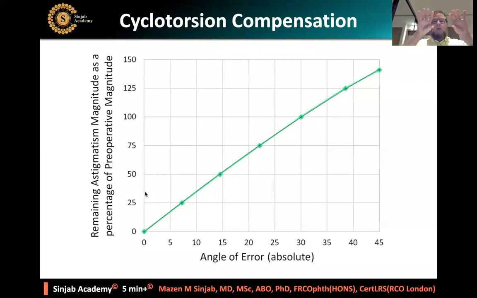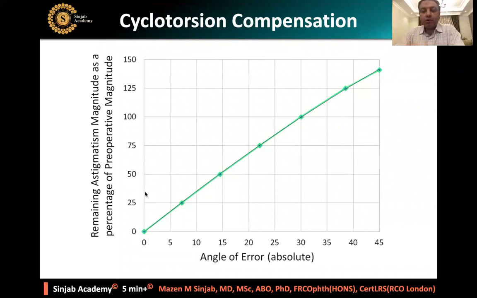So maybe the eye will take a position equal to 170, and the 180 profile will be applied at 170 or maybe at 10 instead. So there will be, first, no complete correction of the desired astigmatism, and at the same time, we are creating part of the correction on another axis which does not need to be treated, which creates irregularity in the cornea.